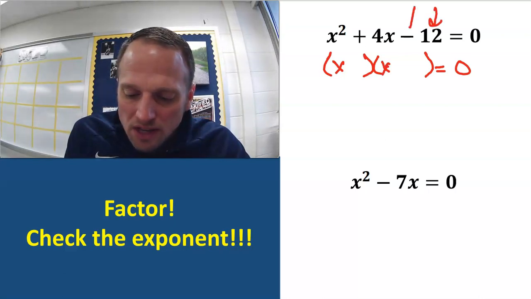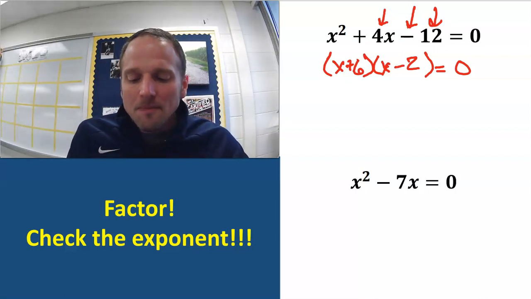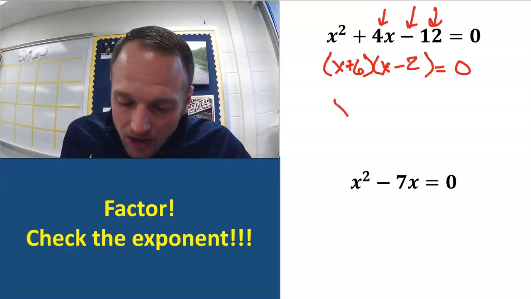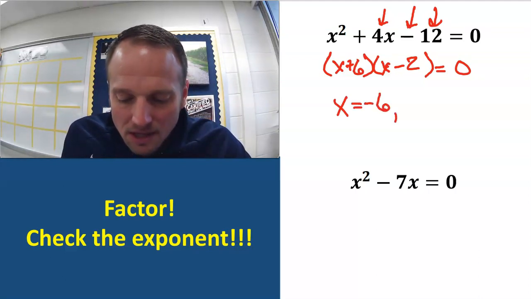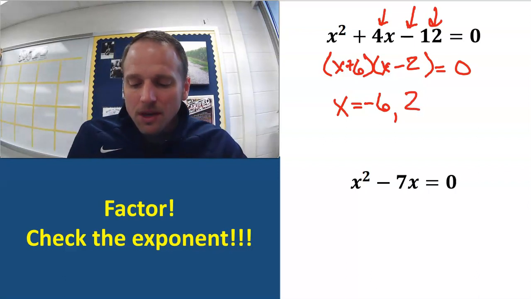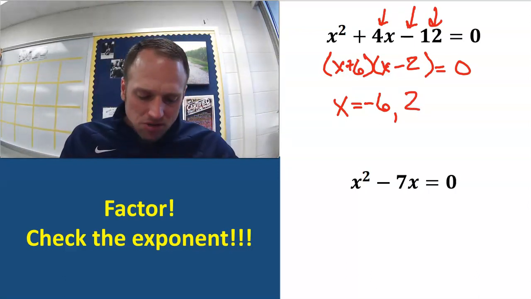Multiplies to get 12 and subtracts to get 4. That's going to be 6 and 2. Remember, bigger number always gets the first sign, so plus 6. And if this is a minus, then these two signs have to be opposite. So right here I can see my first answer is just going to be a negative 6, and my second answer is going to be a positive 2. All right, so if we can factor it, that's quick and easy.